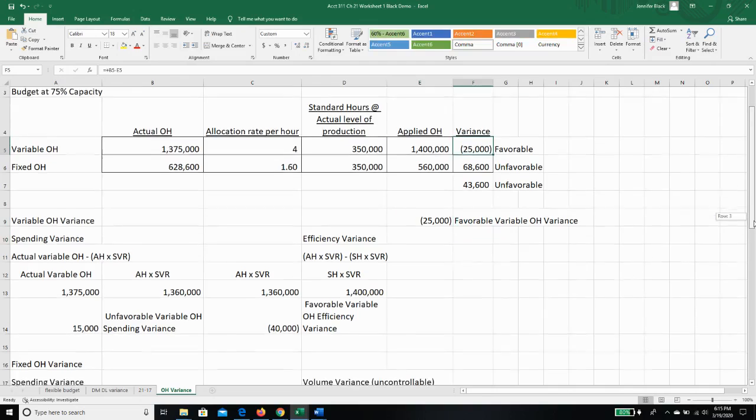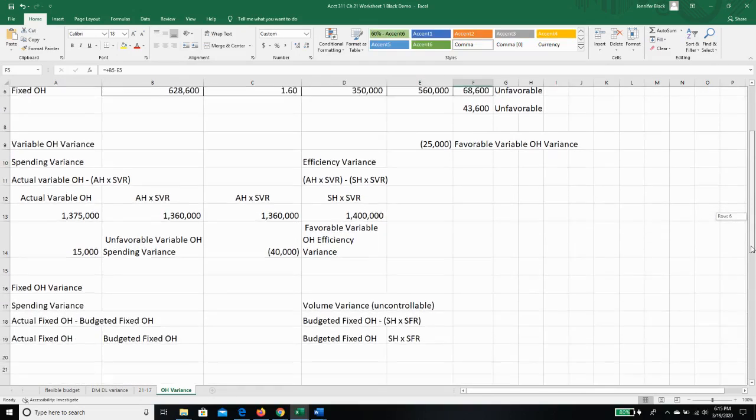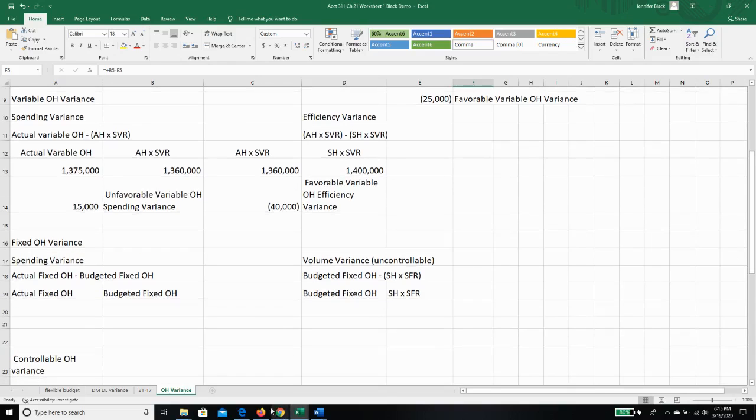All right, let's go down then and look at our fixed overhead variance. We're going to split it into a spending variance and a volume variance, which is uncontrollable. And we're going to talk about what that means in a second.